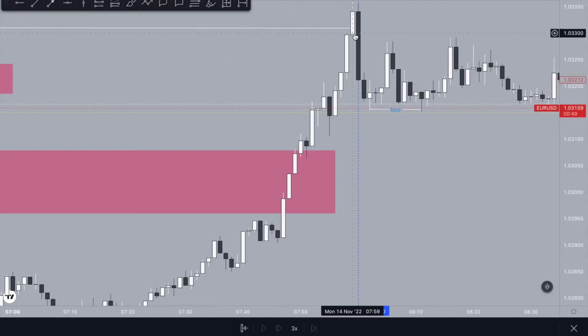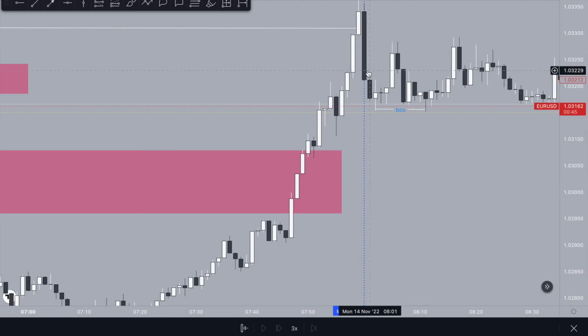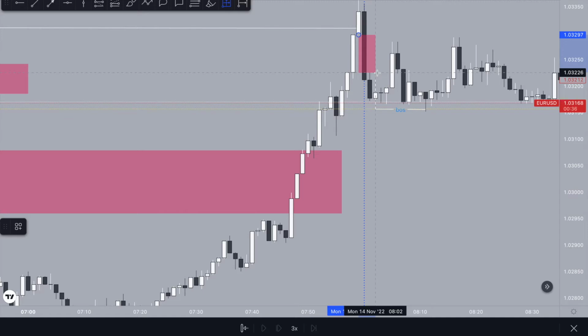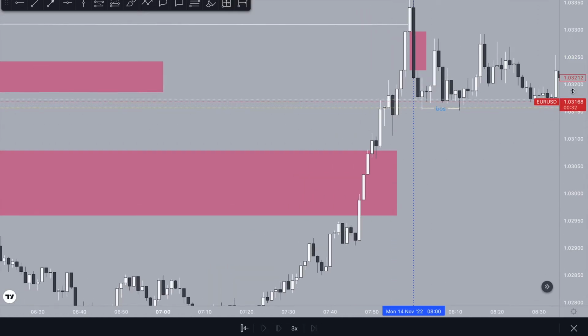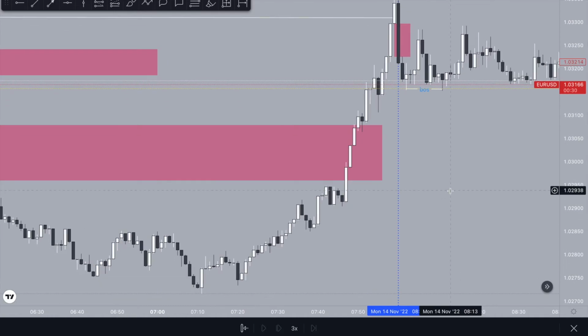So we can see here that there is an imbalance or inefficiency in distribution. So we're gonna use this as our fair value gap and position our entry.